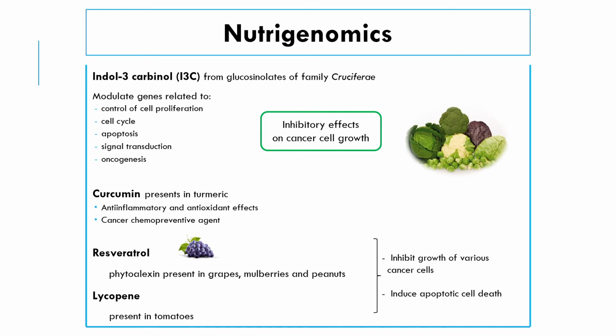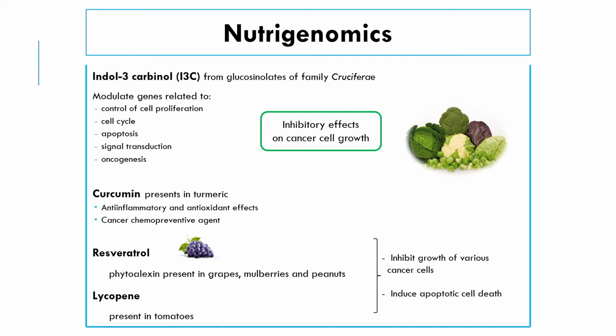These are just a few other examples of nutrigenomics and how they can affect cancer growth. I3C from a lot of your cruciferous vegetables. Curcumin, which is in turmeric, is not only anti-inflammatory and antioxidant, but it's a chemopreventive agent. Resveratrol, it contains phytoalexin, which is present in grapes, mostly the skin, I believe.